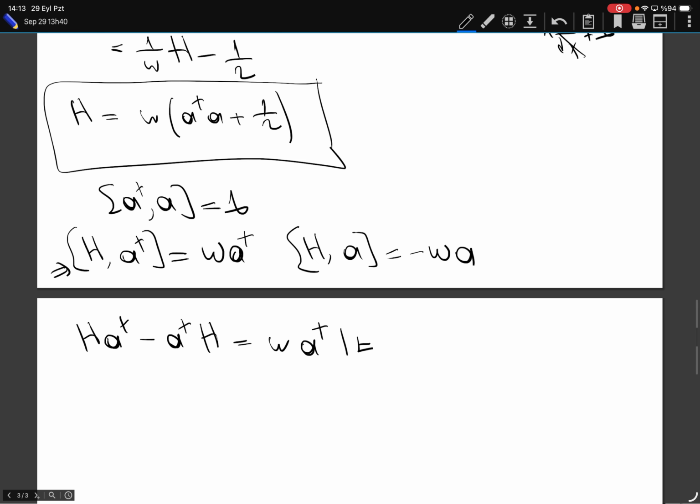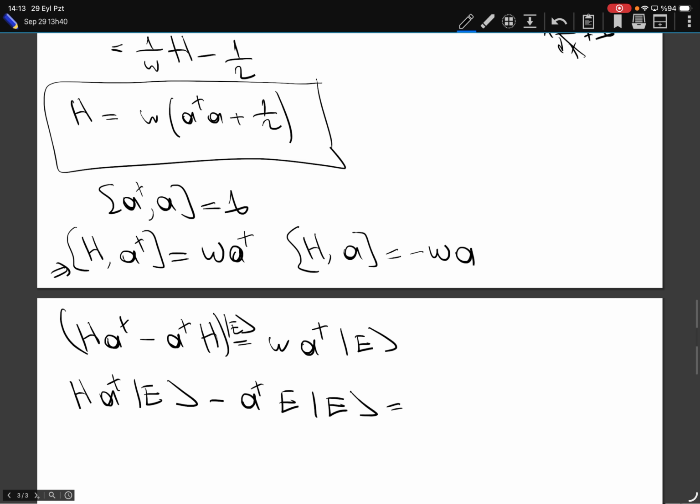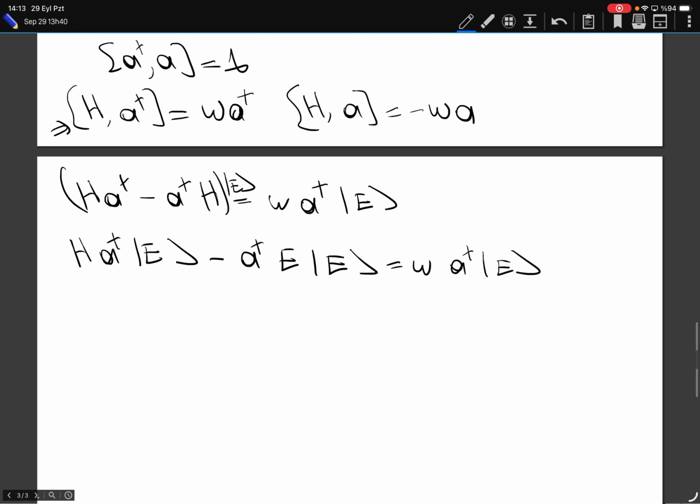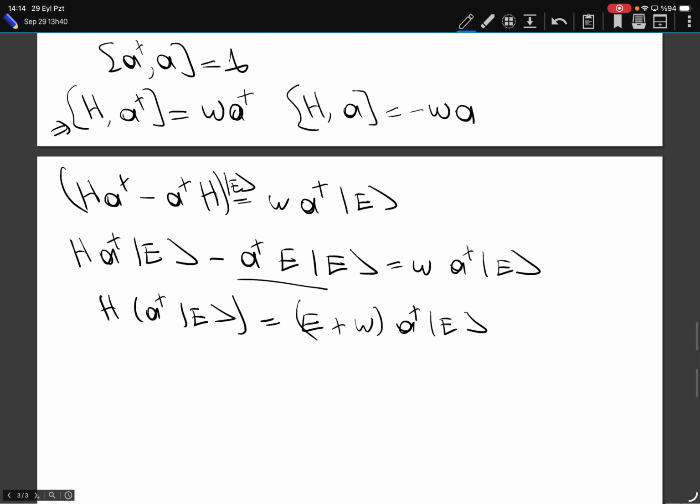If you act it on an energy eigenstate, H A dagger acting on the state minus A dagger H acting on the energy eigenstate E is equal to omega A dagger E. If you just move the second term to the right-hand side, what you will get is E plus omega times A dagger E. So if E is an energy eigenstate, A dagger E is also an energy eigenstate with energy E plus omega.